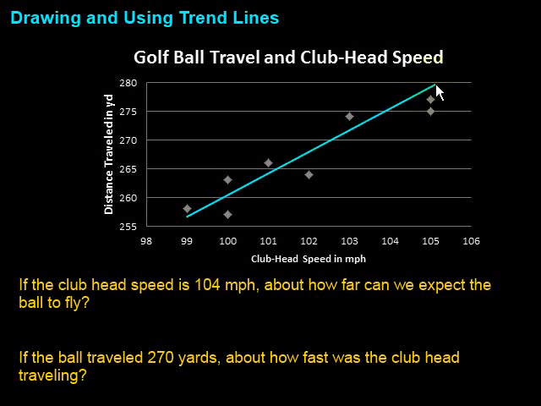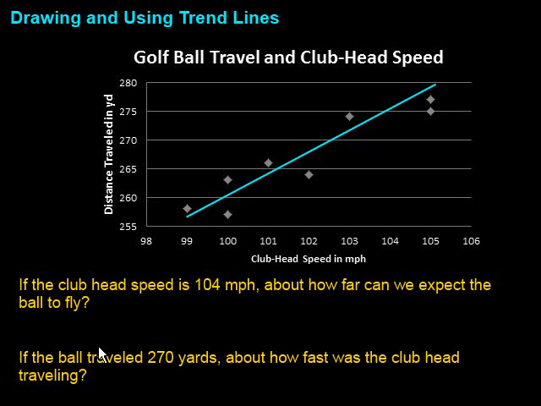So if I create this line through here, something like that, that's a pretty good approximation of what's happening with my points. Notice that it's kind of going up like so. So based on that trend line, I'm able to make some predictions.